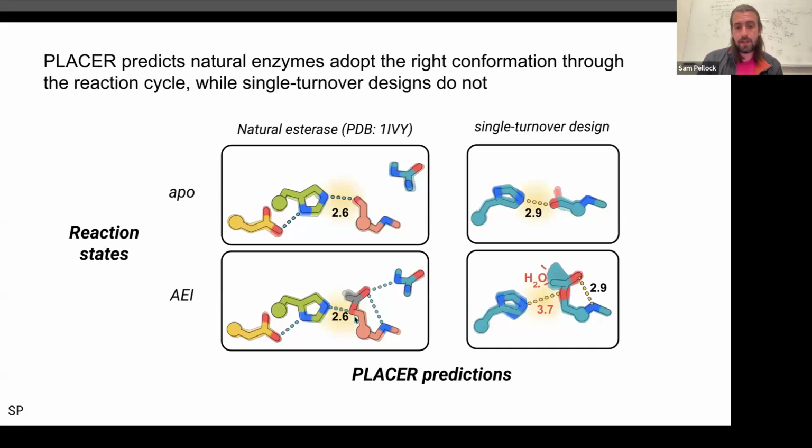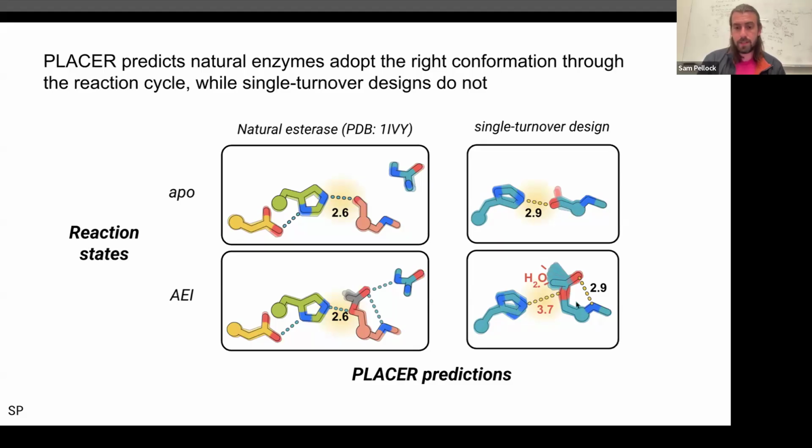But if you look at the acyl enzyme intermediate for the natural enzyme, again, it's perfectly locked in, and the acylated serine's carbonyl oxygen is perfectly positioned to interact with the oxyanion hole. But in our designed enzyme, you can see that there's actually a fairly significant conformational change. There's a serine rotameric shift, and as a result, the methyl group from this acylated serine is blocking any potential water attack of this acyl enzyme.